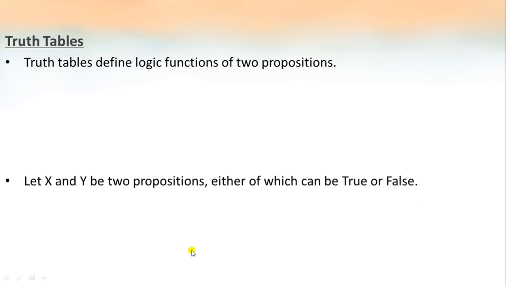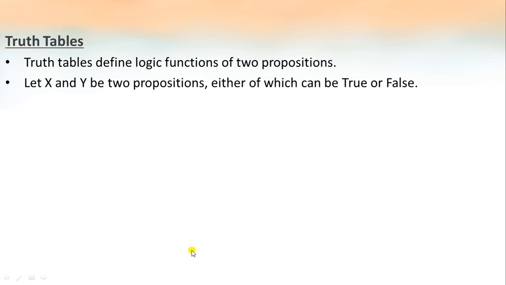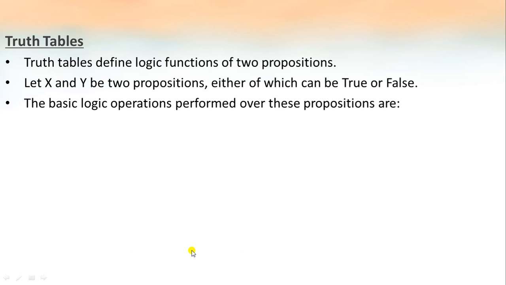Now let us see truth tables. Truth table is a representation which defines the logic functions between two propositions. For example, we take two propositions x and y. X can be either true or false. Similarly, y can also have values of true or false. So this truth table will define the logic functions between the propositions x and y.